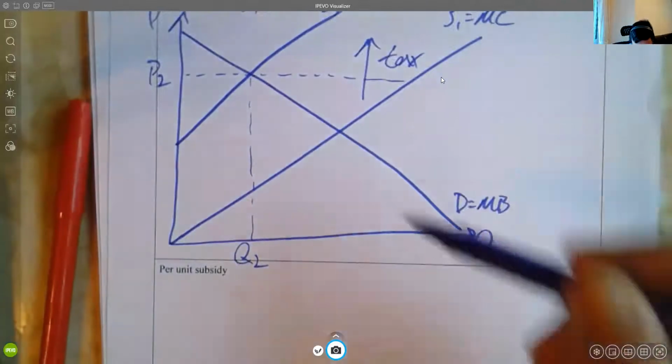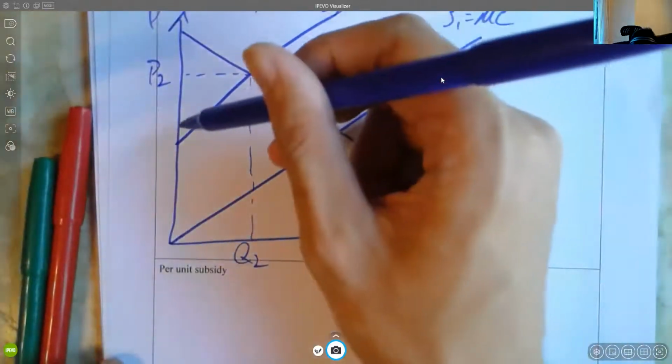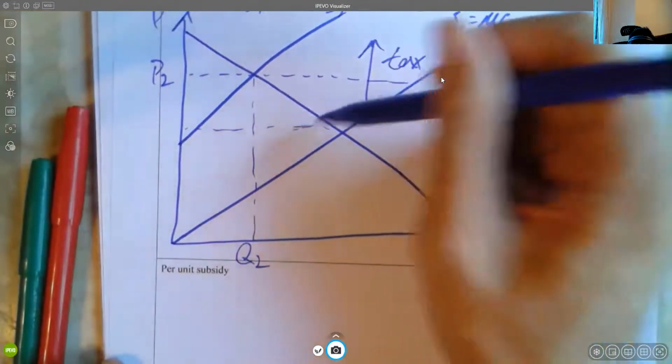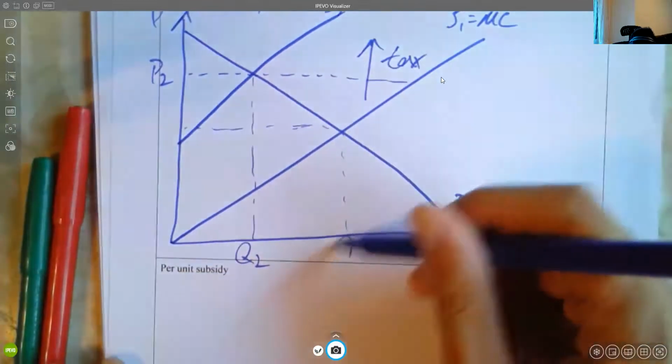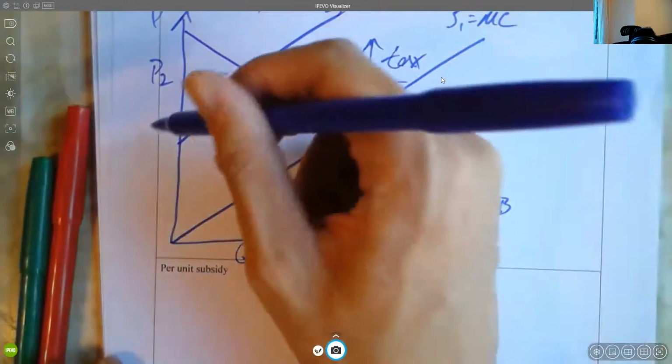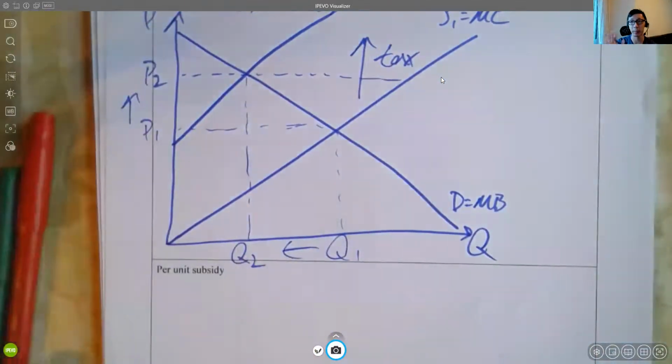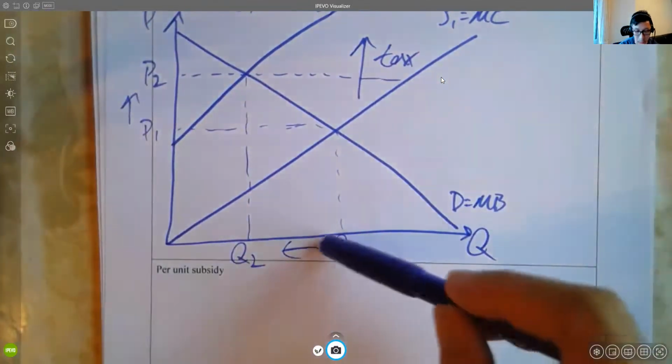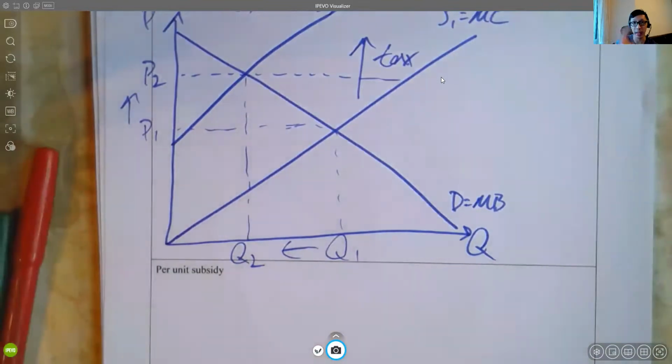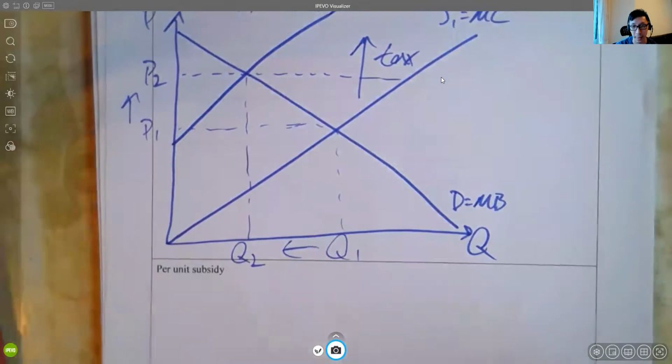Now for comparison, in fact, this is not a good practice, but since I'm teaching you, I just need to show the difference. But in reality, when you do examination, don't draw Q1 first, because Q1 doesn't actually matter, it's just for comparison purposes.